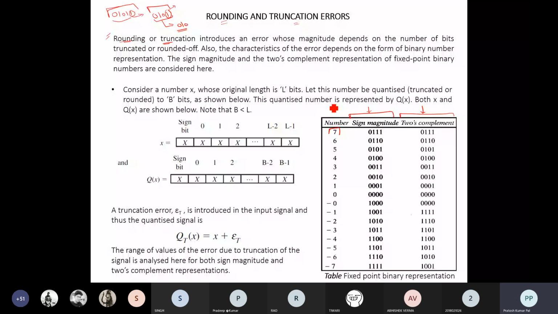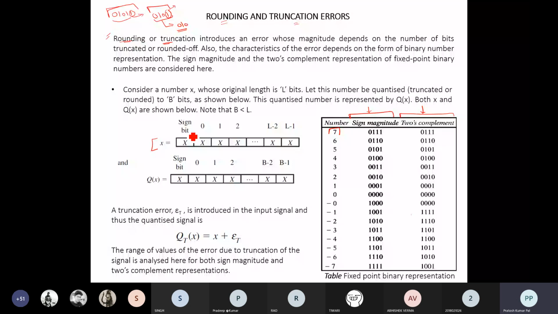Okay, so we have considered two numbers. Suppose this is the original number x, represented in terms of different bits, where the most significant bit represents the sign bit and all the others go up to l minus 1.